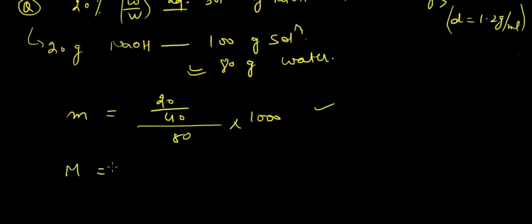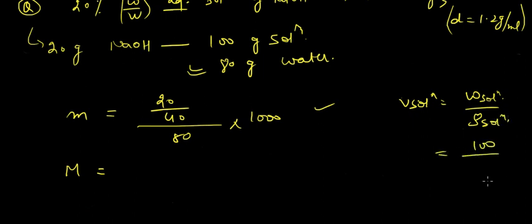So molarity would be, you have been given that the density is 1.2 gram per ml. So simply the volume of solution is weight of solution divided by density of solution.